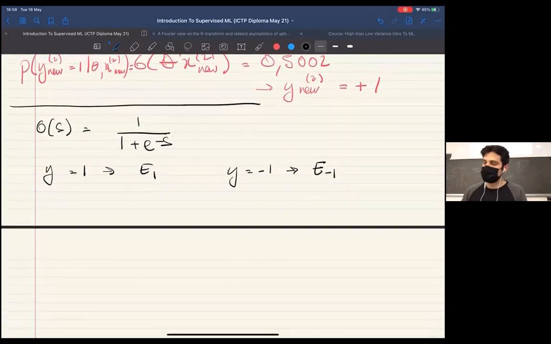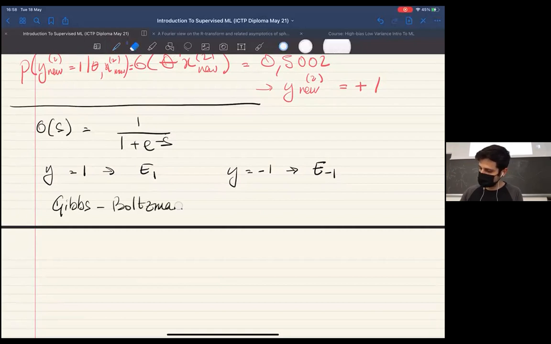Now, if you write the Gibbs-Boltzmann distribution, so if this system is in equilibrium in a thermal bath, what is the probability of y being 1?